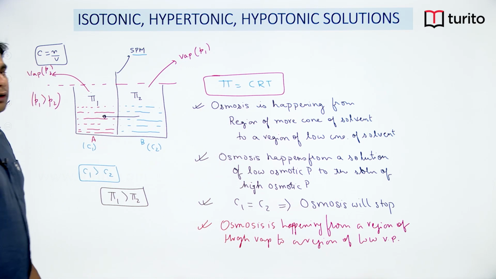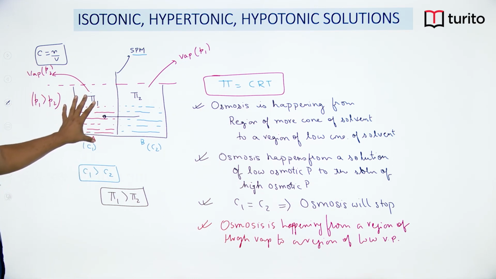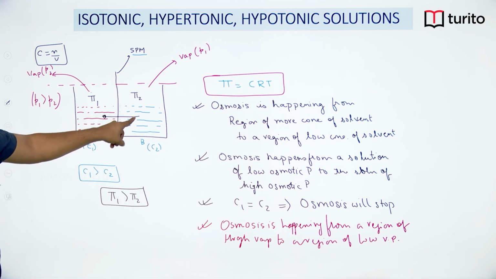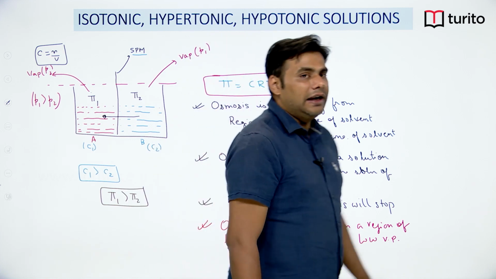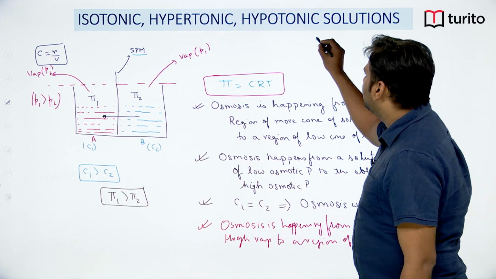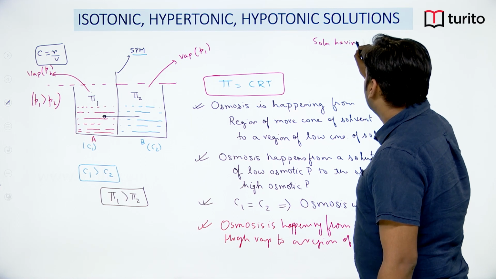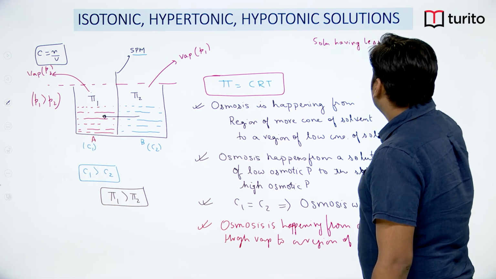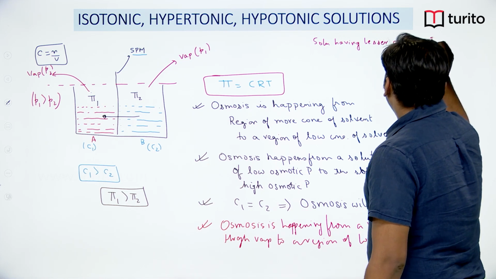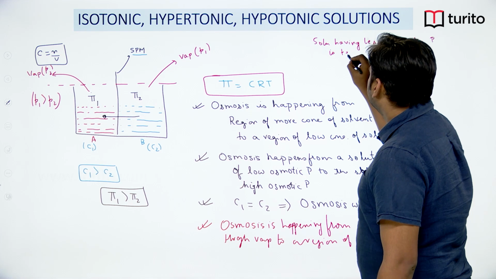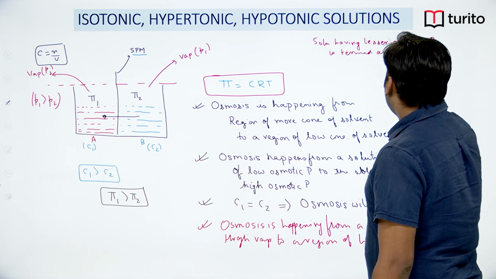Okay, so initially what we'll say is that the osmotic pressure in side A was more than that in side B. The solution having lesser osmotic pressure is termed as hypotonic solution.